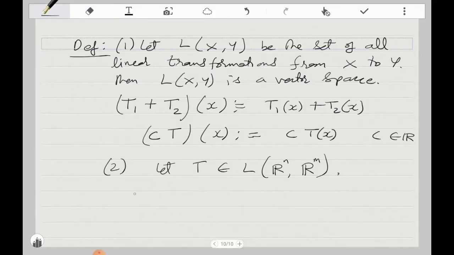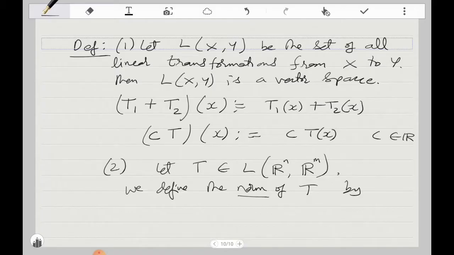We define the norm of T by, this is usually called the sup norm. There are various ways of defining a norm on the space of linear maps. This is one which is very convenient to work with.